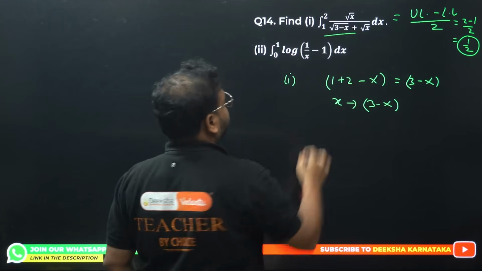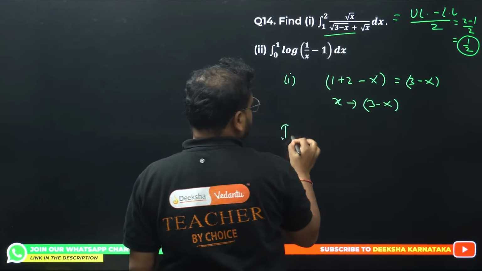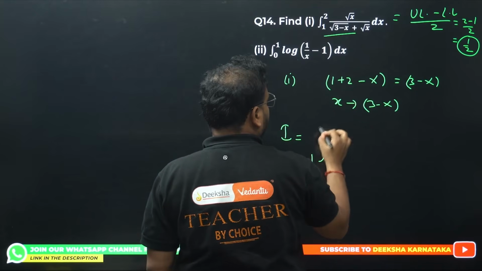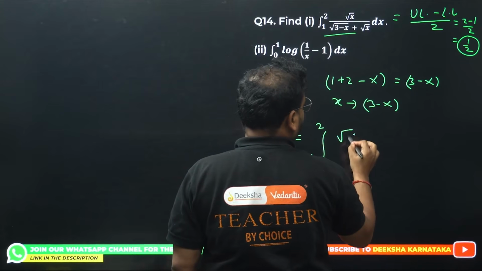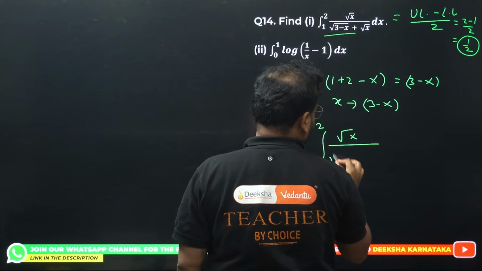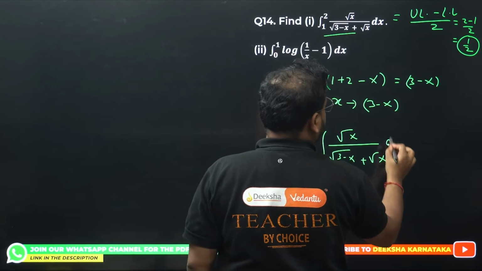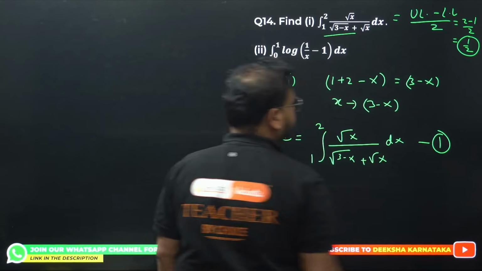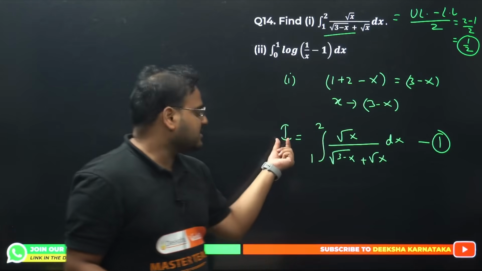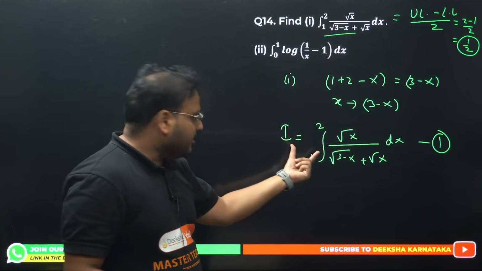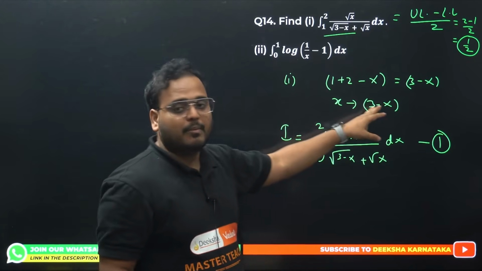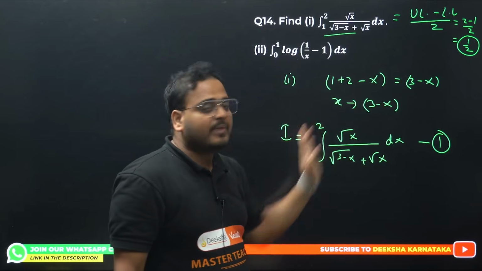I'll show you. Now rename this integration as I, from 1 to 2, root x upon 3 minus x plus root x dx, as equation number 1. I've taken this integration as I. In the same integration, I'm going to change x as 3 minus x using this rule. What is 3?